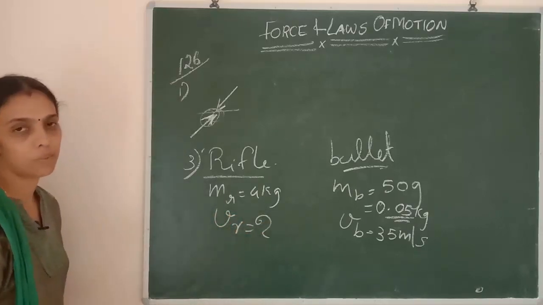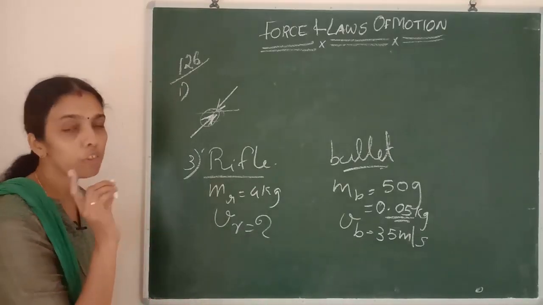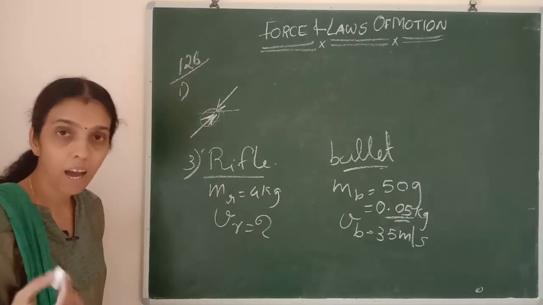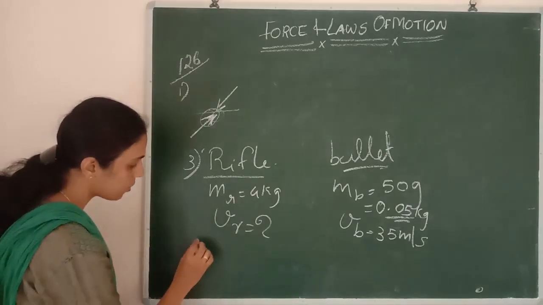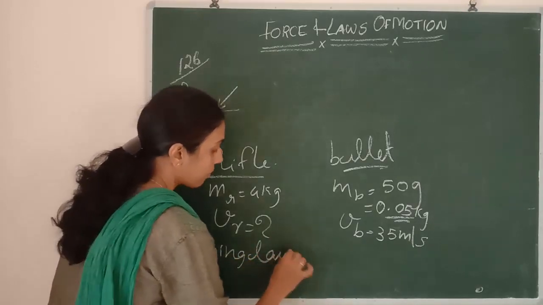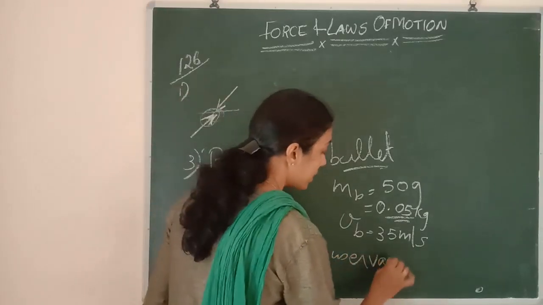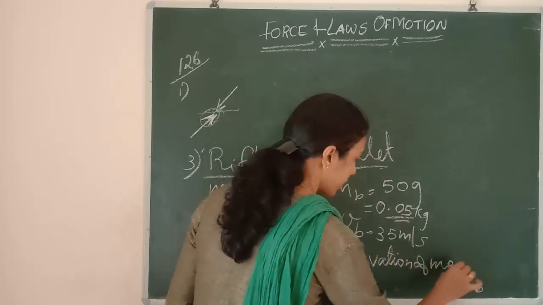How can we find this out? Using conservation of momentum. Momentum before collision will be equal to momentum after collision, isn't it? So here we are going to use the law of conservation of momentum, that is, momentum before collision is equal to momentum after collision.